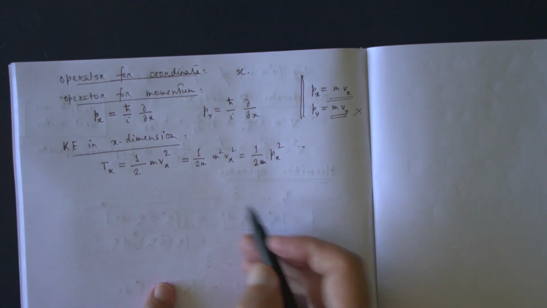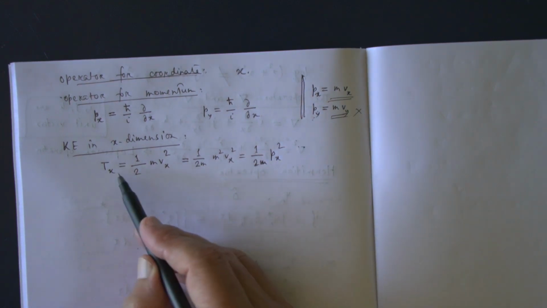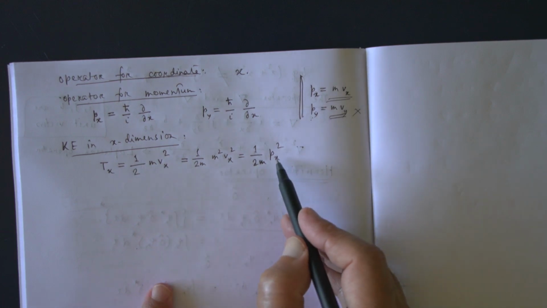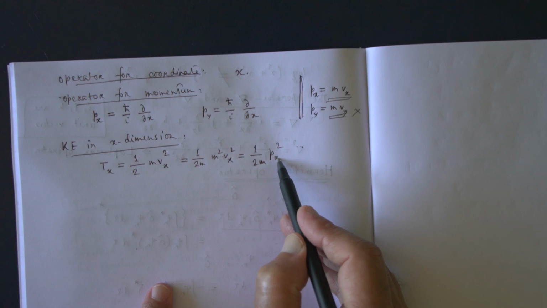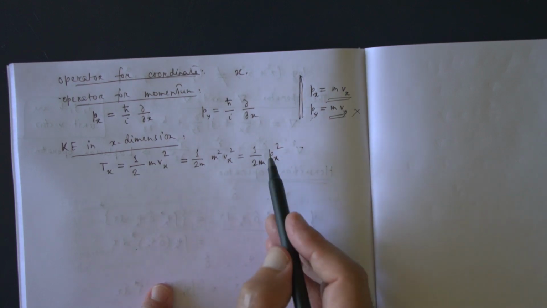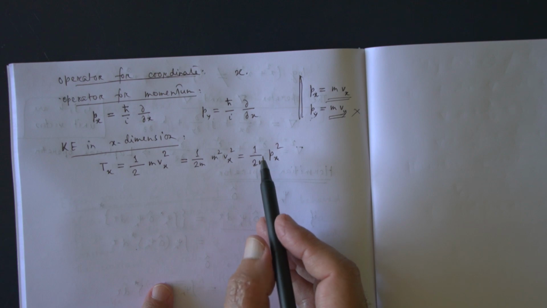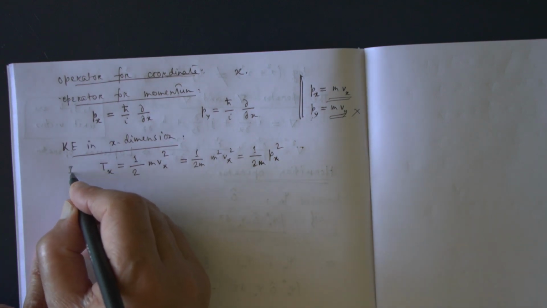So we have expressed the physical quantity in terms of momentum. This is the first step, and the first step is done.